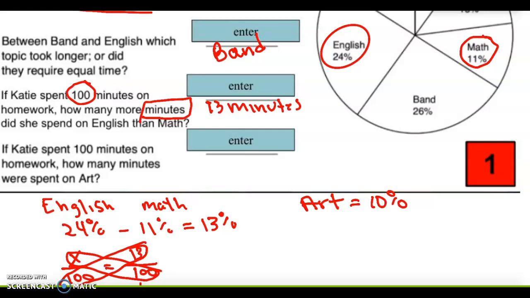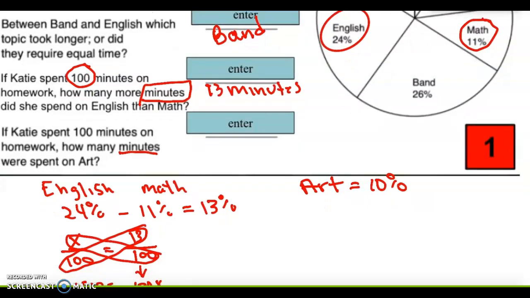But they're asking for minutes, not percentage. So I go back to setting up my proportion, which would be 10 over 100 is equal to x over 100. Now, most of us can probably look at this and figure out what our answer would be, but I'm going to go ahead and walk through the steps.